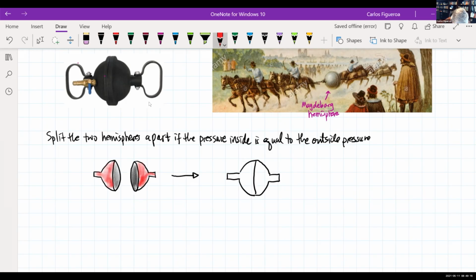And so you could imagine that I have this type of thing. Now, look at the pressure inside, look at the pressure outside. The pressure inside is pushing out, and then you look at the pressure outside, and it's pushing in.